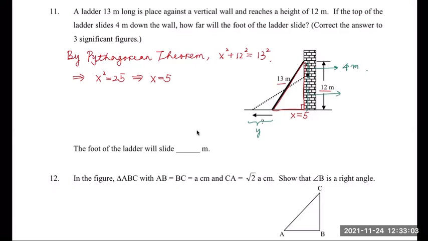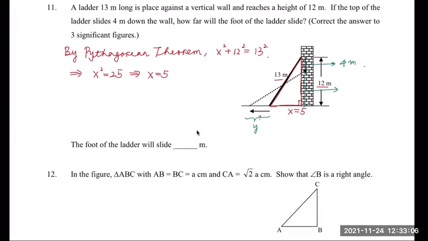So the height of this new right triangle will be 12 minus 4, which is 8. Right? And we know this is 8.